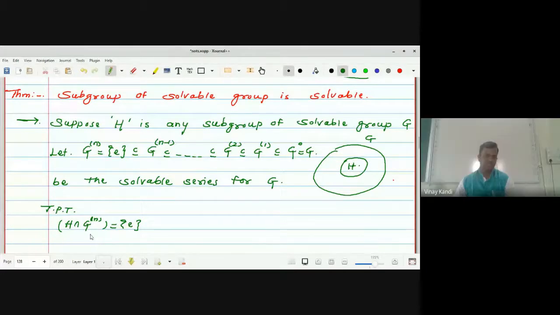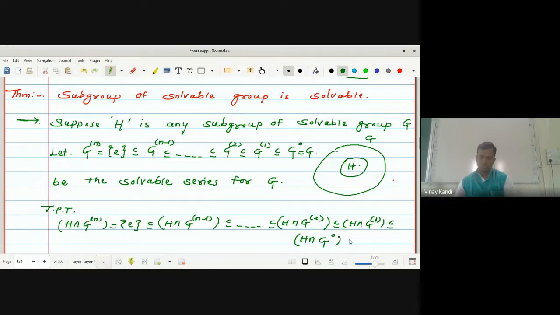Yes, sir. The intersection of H and G raised to n is contained in H intersection the (n minus 1)th derived subgroup of G, and each element is intersected with H, up to so on, which is contained in H intersection the second derived subgroup of G, which is contained in H intersection G dash, the first derived subgroup of G, and this is contained in G0, that is H intersection G0, which is equal to H0.